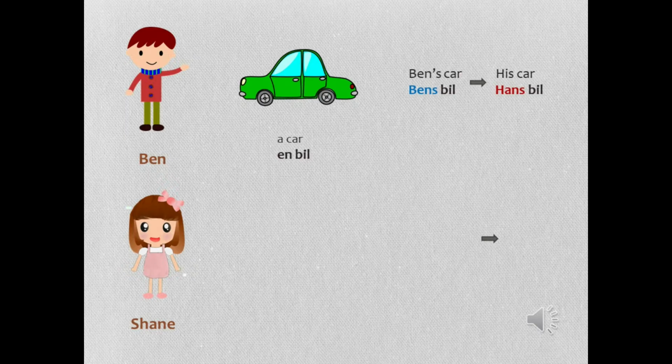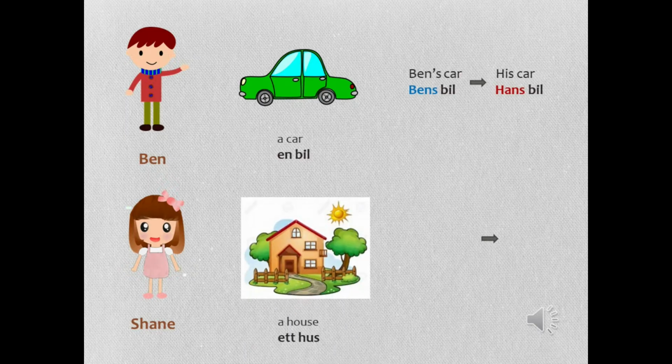Let's have another example. Let's say Shane owns a house. A house is ett hus in Swedish. Again, ett hus. So we can say this is Shane's house. In Swedish, Shane's hus. But if we don't want to mention Shane's name, we say her house. In Swedish, hennes hus.